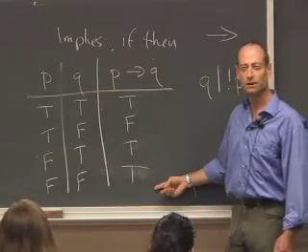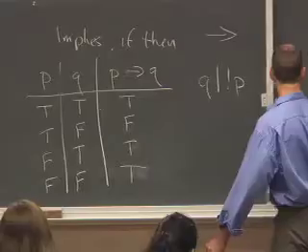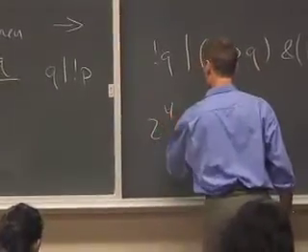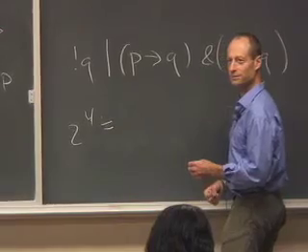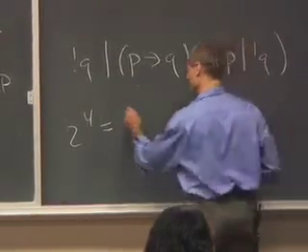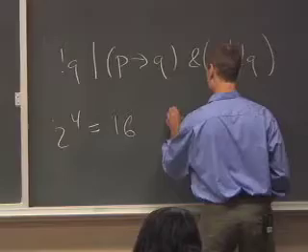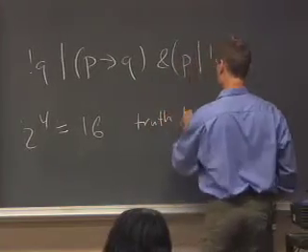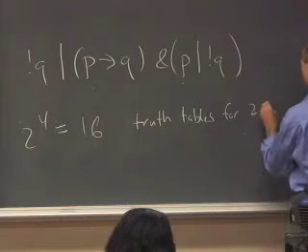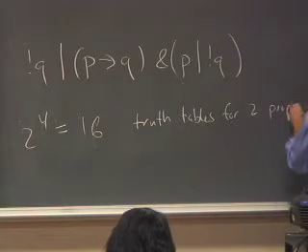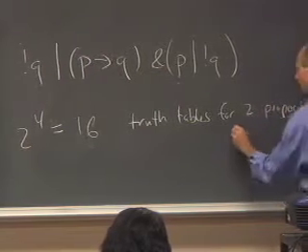So 2 to the 4th equals 16. 16 truth tables for two propositions combined.